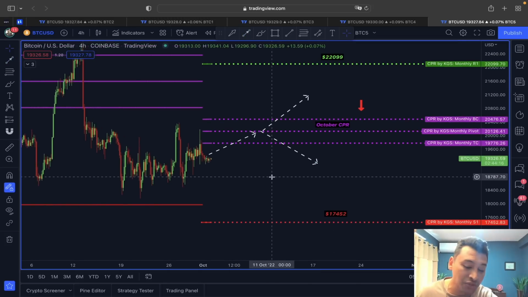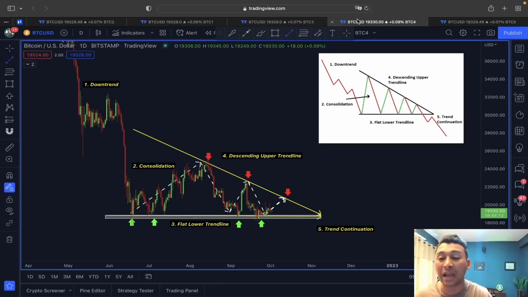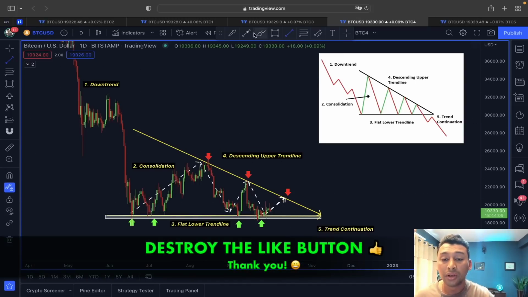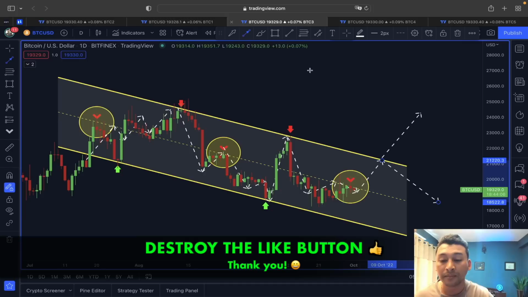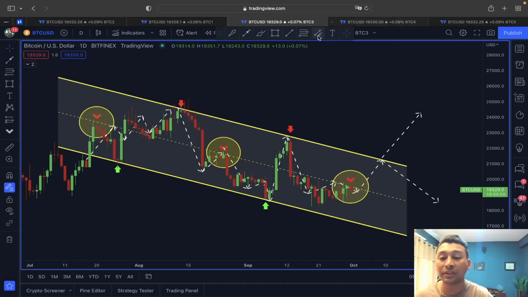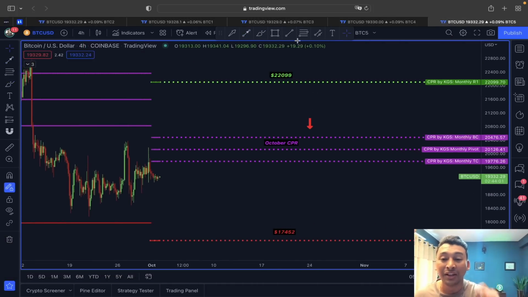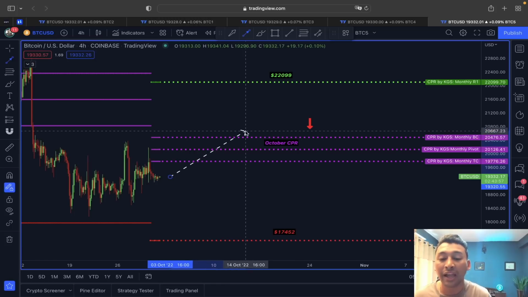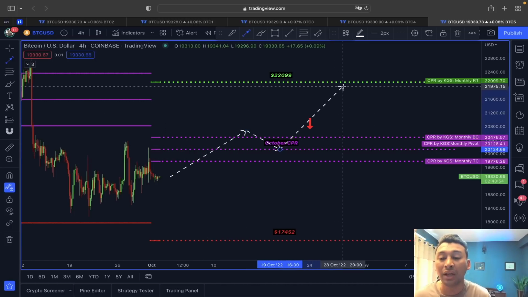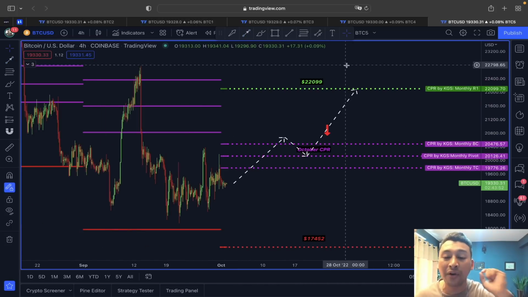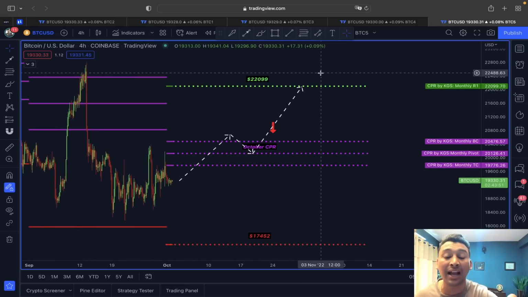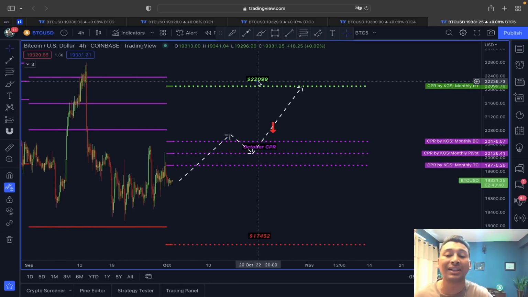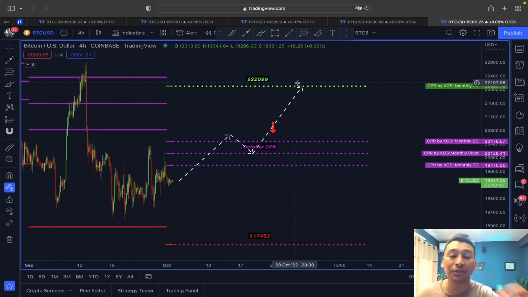So if we manage to flip that into proper support, I mean the price breaking this upper line and also flipping that into support around 21,000, then we are aware guys, in that case, this trend is going to see a reversal in this manner, flipping this resistance into support and getting attracted towards the first monthly R1 target line for this October month, which is lining around the 22,000 area.